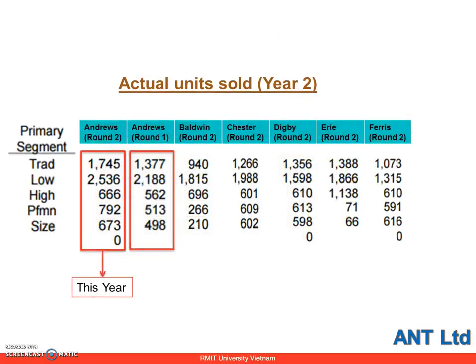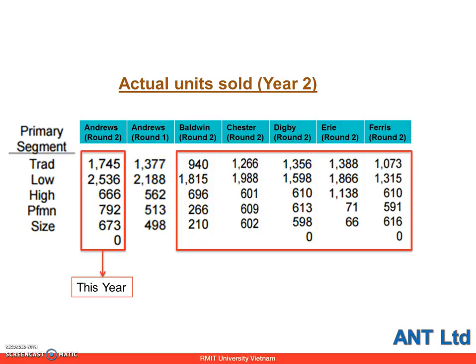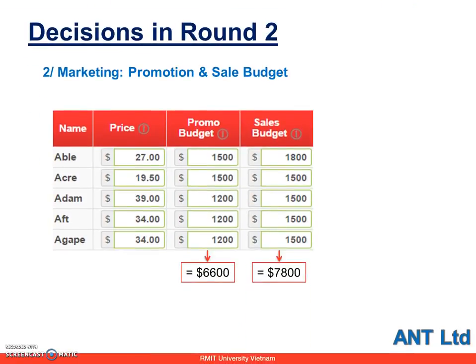As our expectation, the actual total products sold in all segments this year are higher than the previous year and even higher than other competitors. The result we achieved this year is due to lowering price as well as repositioning the product. Moreover, for the promotion budget, we invest a total amount of $6.6 million to increase our customer awareness, as well as the sales budget.